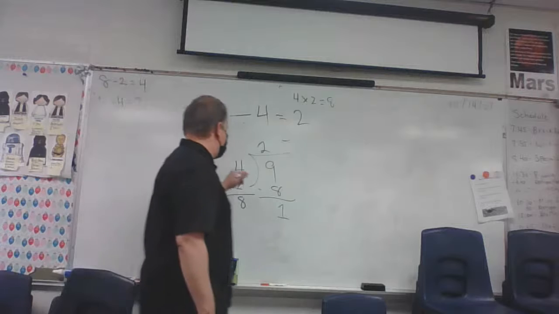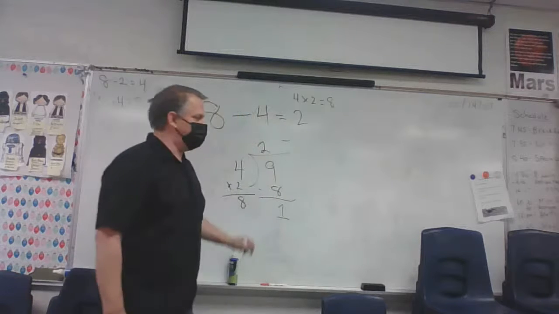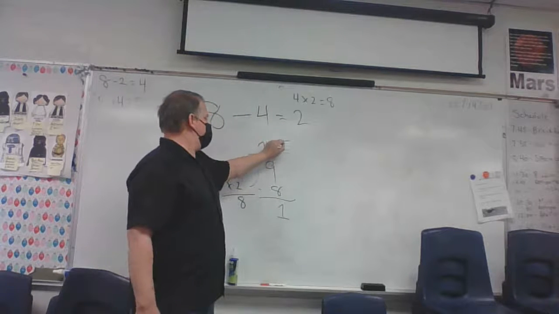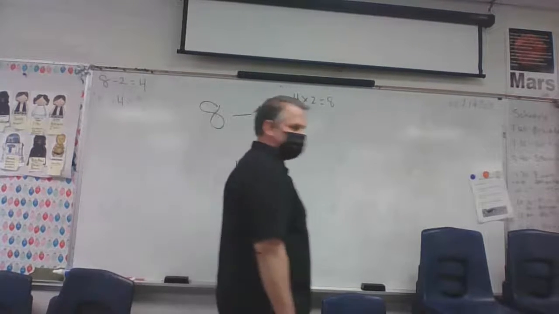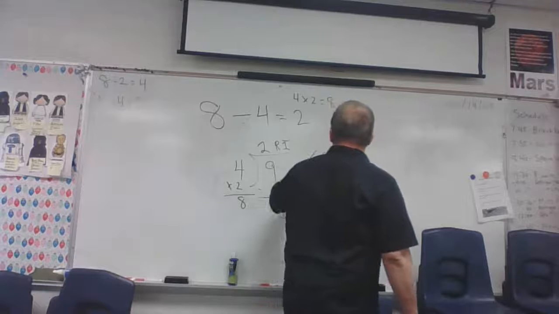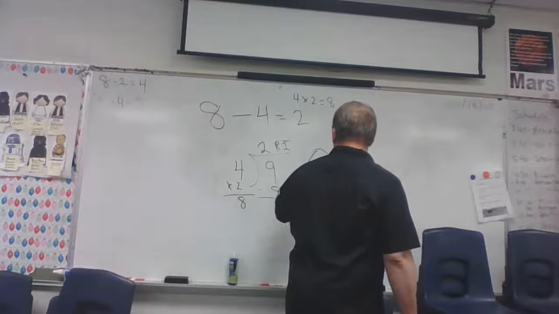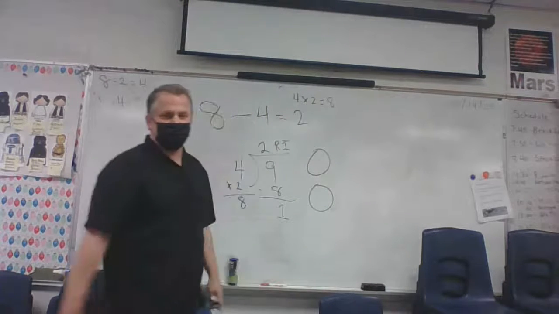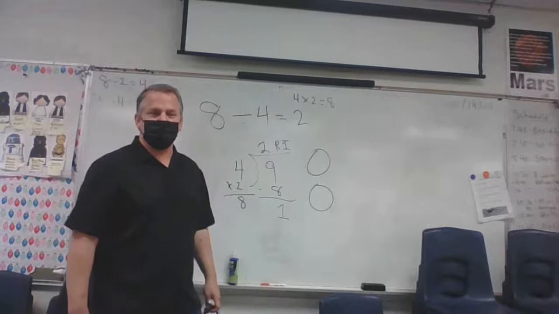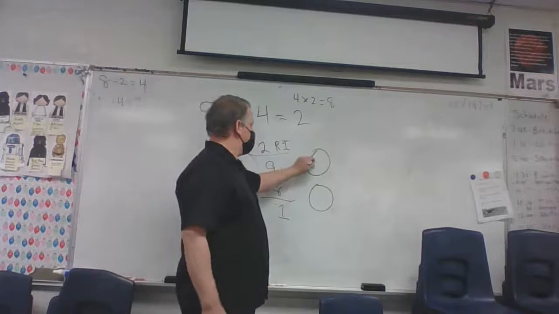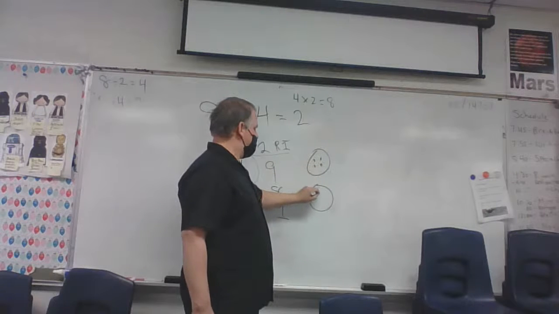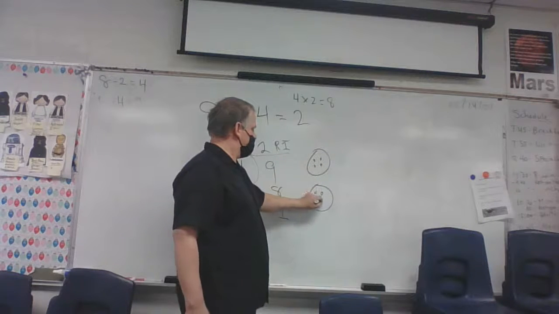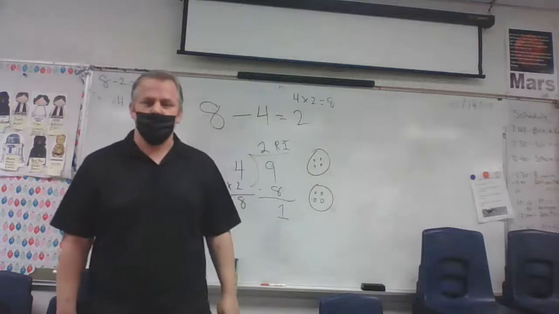Okay. Now you're like, Mr. Cox, I'm confused. How did I get 2 remainder 1? Well, remember earlier when we drew our 2 circles and we had 1, 2, 3, 4, 5, 6, 7, 8.